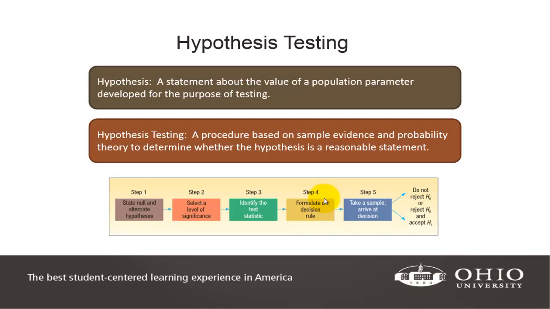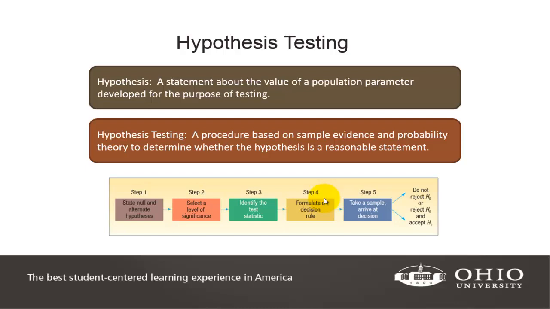The third step is to identify the test statistic. The test statistic is a number, a value that we calculate based on the sample data. The fourth step is to formulate a decision rule. The decision rule is what we will use to determine whether or not the hypothesis that we're testing is reasonable.